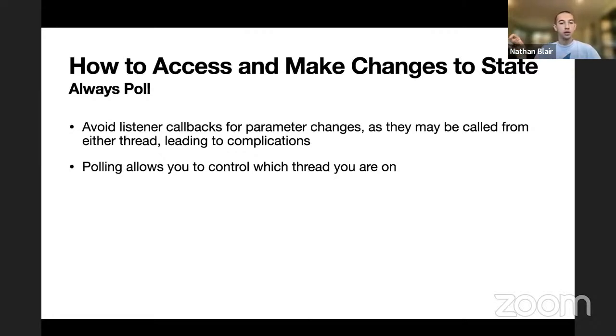You don't have to worry about functions that, when you set a certain piece of data, trigger another function. In my opinion, it gets confusing when you use callbacks, even though it might be slightly more efficient. It also runs the risk of callbacks getting triggered on the wrong thread and having data races or non-real-time safe code. So as much as possible, I try to implement polling in my plugin template.